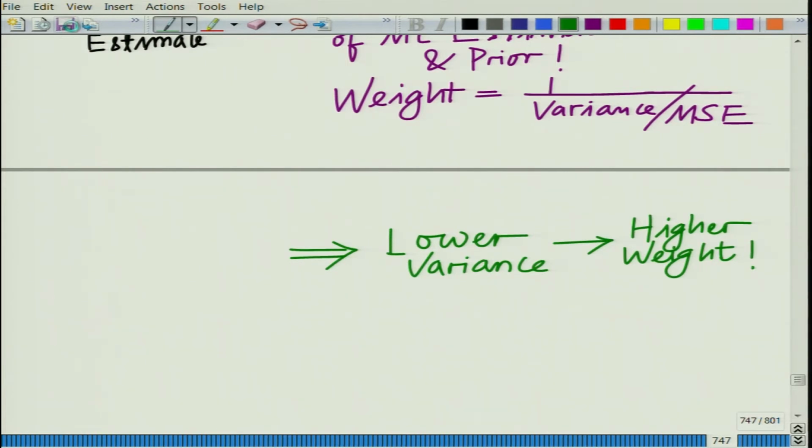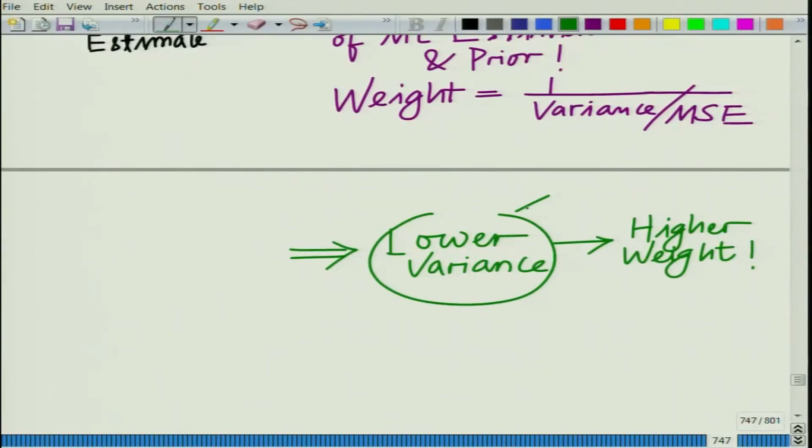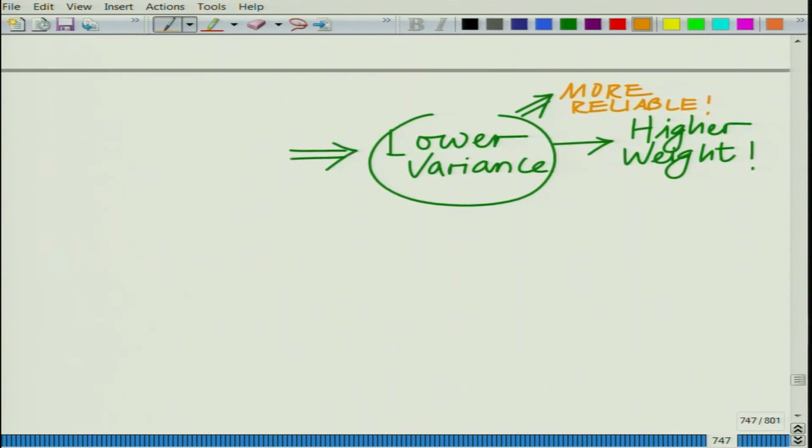Naturally, that makes sense, because if the variance or MSE is lower, the weightage of that should be higher because it is more reliable, more accurate, right. So, lower variance implies essentially it is more reliable, right. So, that is what it means. So, the weight should be higher, right.